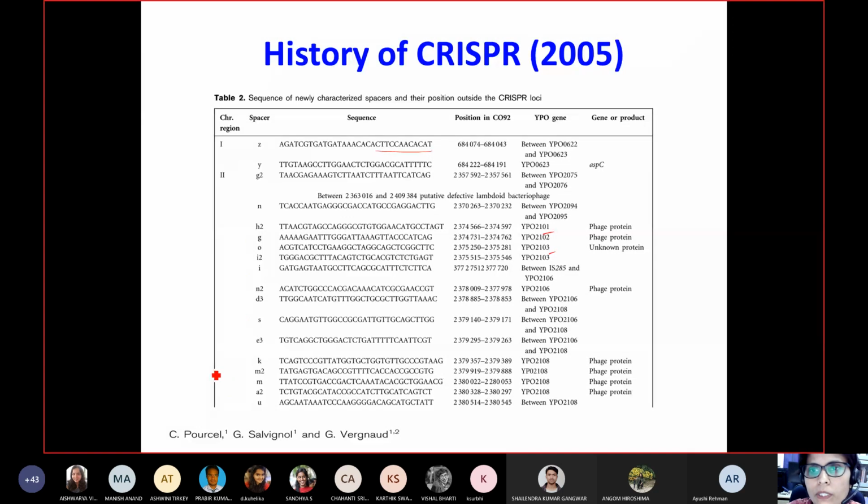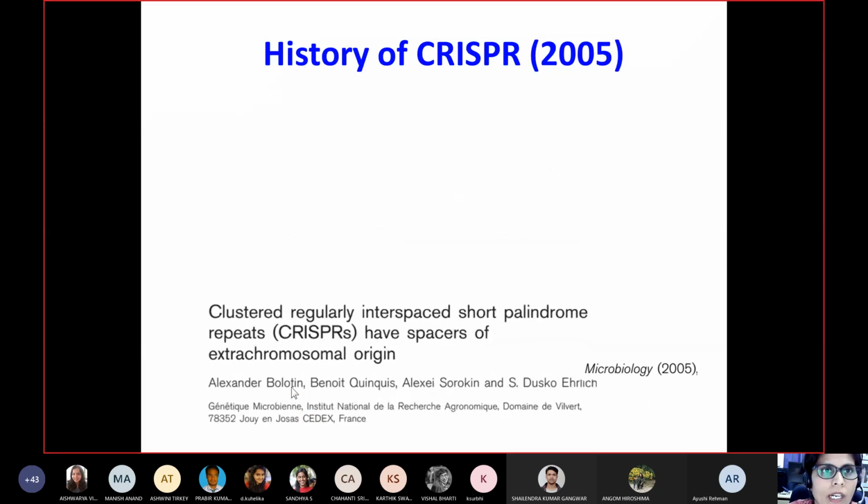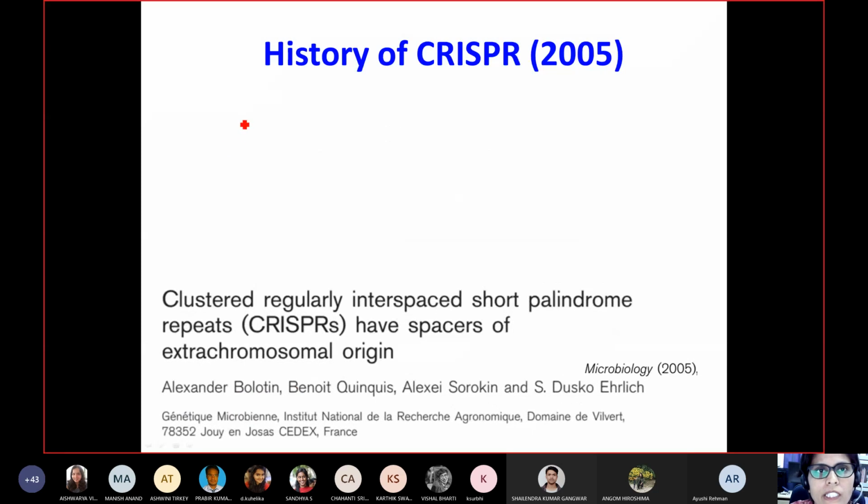Now coming to the third important discovery from the same year, 2005, Alexander Bolotin, in their paper, again studied spacer sequences, Cas genes, as well as CRISPR arrays of a Streptococcus strain, and found homology of various spacers with extrachromosomal elements, mostly with phages, and provided a hypothesis of cell immunity.